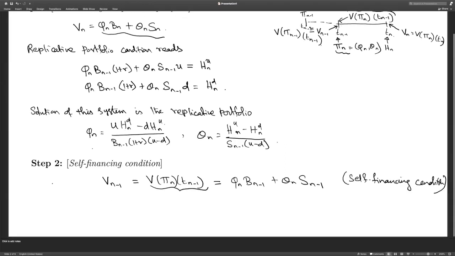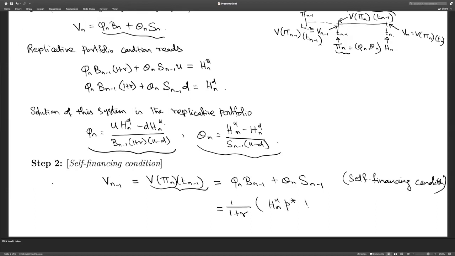Now you see, we have phi n expression and theta n expression. You can put both of them and you can see that this can be written as 1 by 1 plus R into Hn u P star plus Hn d 1 minus P star.